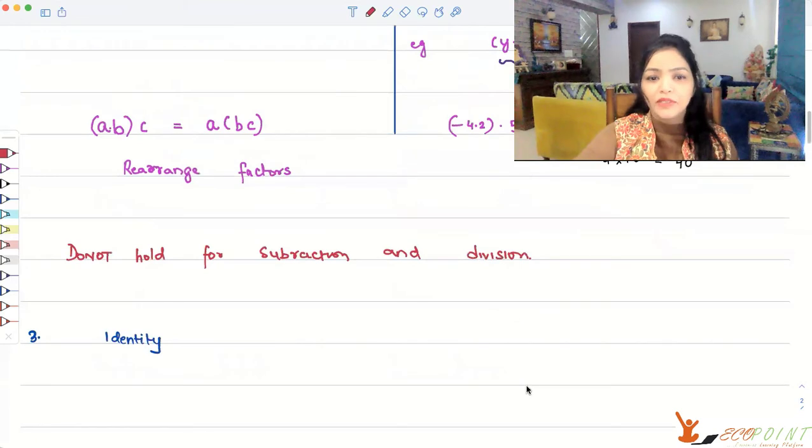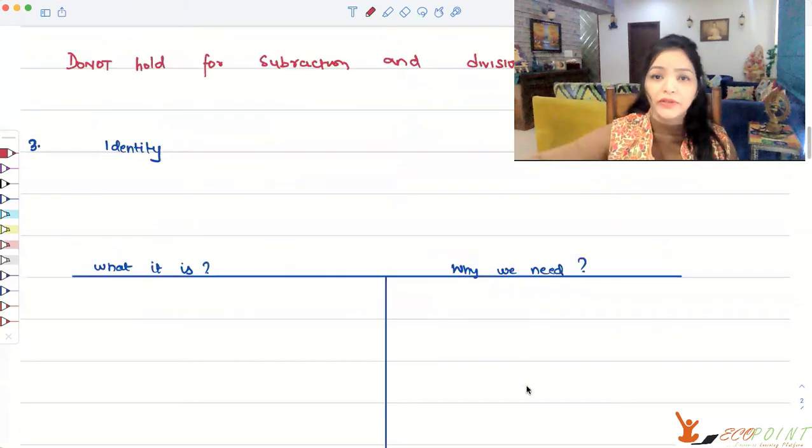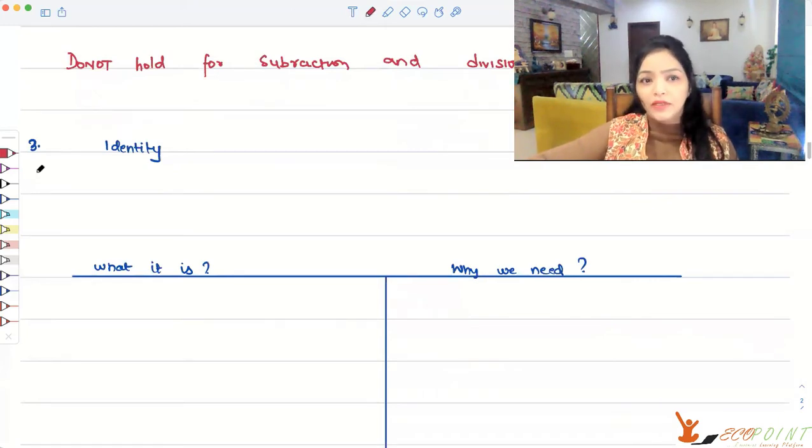Next property, which will definitely hold for all real numbers, is identity. So in real numbers, you do have an additive identity and a multiplicative identity. So what is an additive identity?